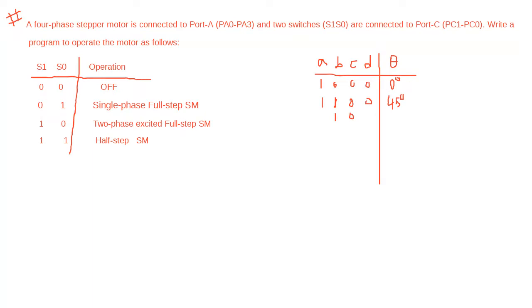And then B only. B is on only. Then it will be 90°. And then B and C on only, so it will be 135°.